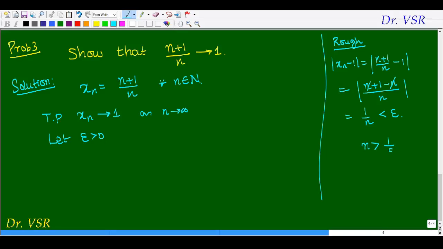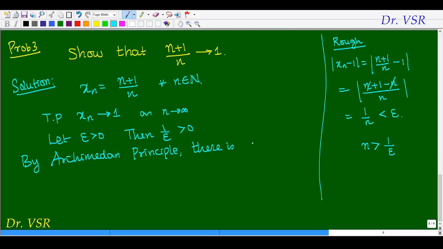So again it is the Archimedean principle. Okay, so then 1 by epsilon is positive, and by the Archimedean principle there is N belongs to the natural numbers such that this capital N is greater than 1 by epsilon.